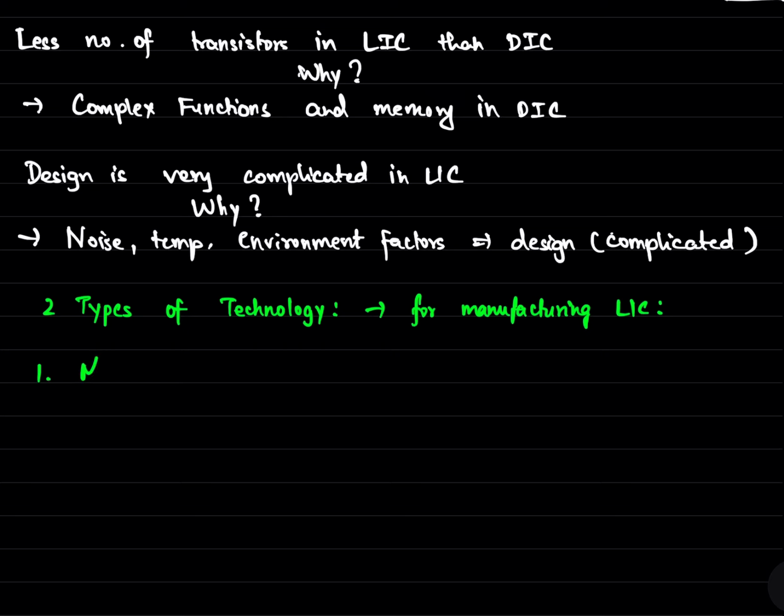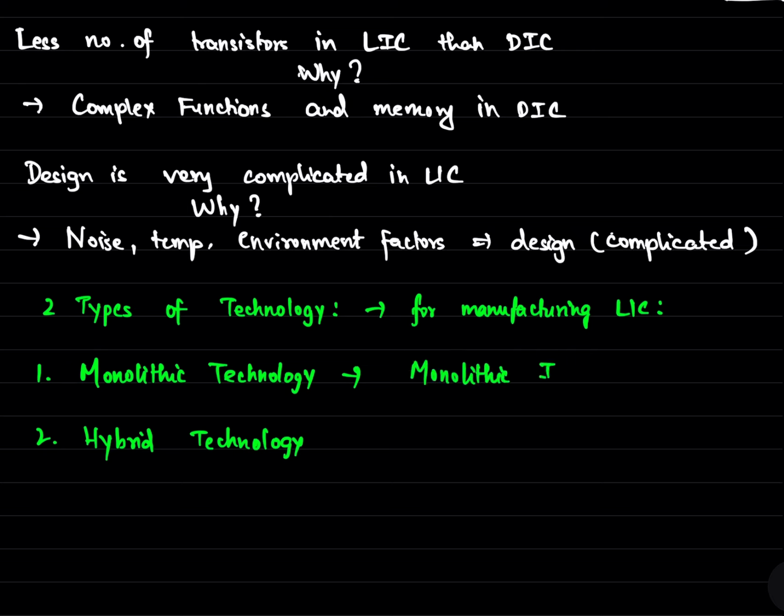One was monolithic technology, the other was hybrid technology. The ICs created by using monolithic technology were called monolithic ICs, and obviously hybrid ICs. So the ICs which were created using hybrid technology are called hybrid ICs.